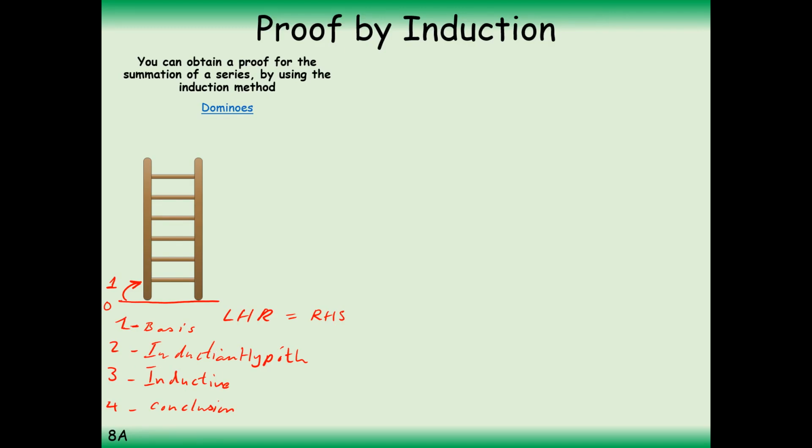Then by the inductive hypothesis, you say, all right, I'm going to make an assumption that what I've been told is true for some value k. And then you are going to prove that you can get from level k to level k plus 1.